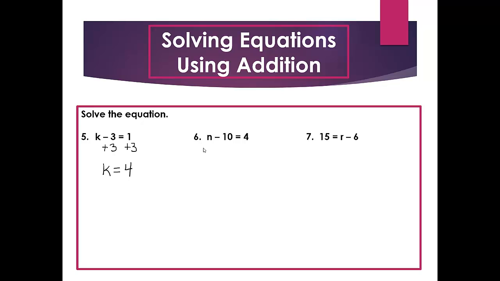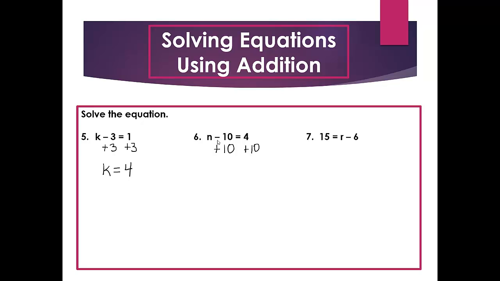Now for number 6, we have n minus 10 equals 4. So we'll look at the side of the equation that has our variable, which is the left-hand side, n minus 10. Since we are subtracting 10, the inverse operation would be to add, so we'll add 10. We're going to do the opposite. We need to add 10 to both sides.